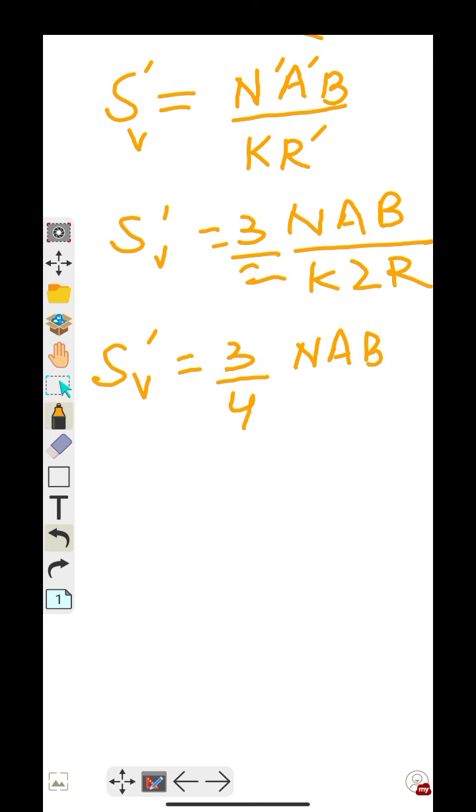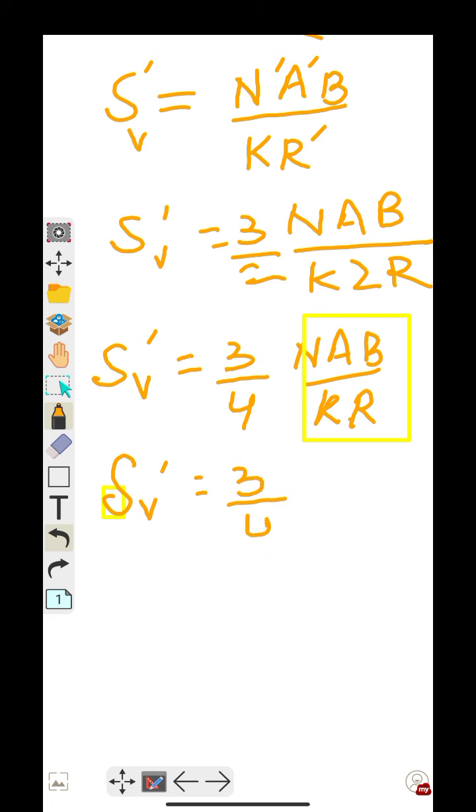We know that this factor NAB upon KR is the voltage sensitivity. So the new voltage sensitivity will be equal to 3 by 4 times the previous sensitivity of the galvanometer.